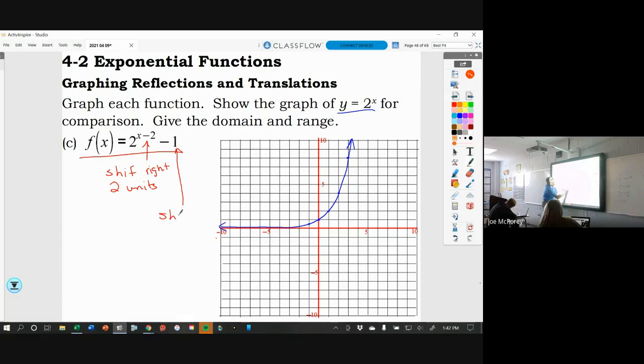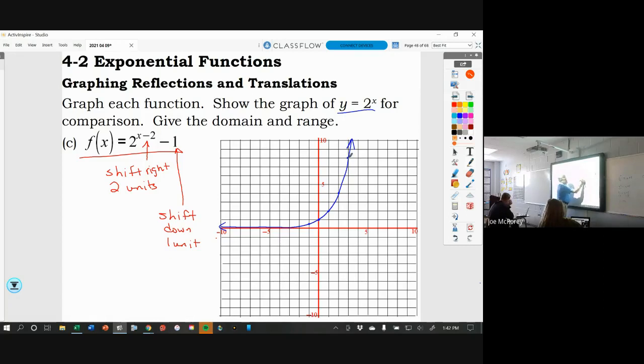Yeah. So I will take every one of those points that I plotted and move those points 2 to the right, down 1.